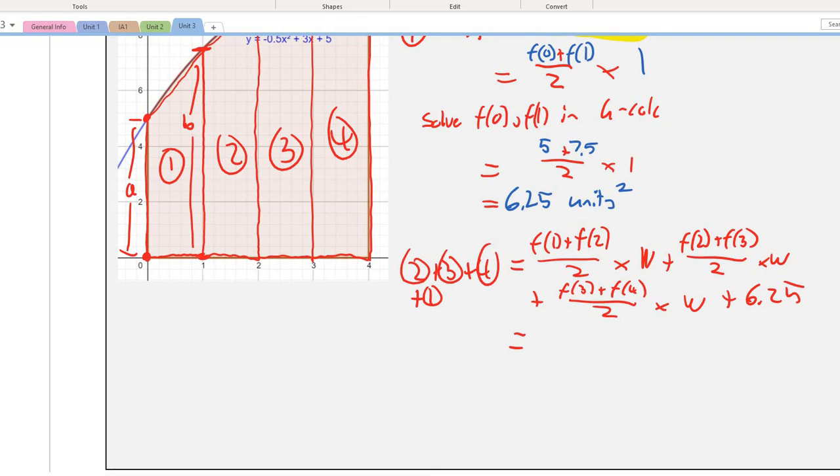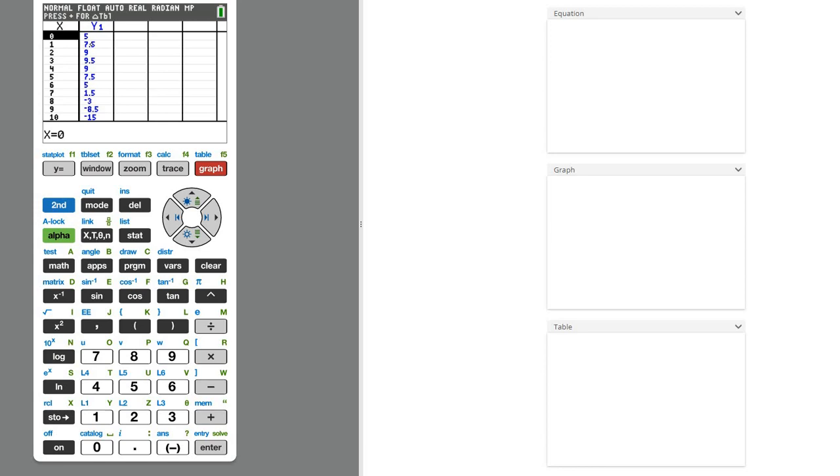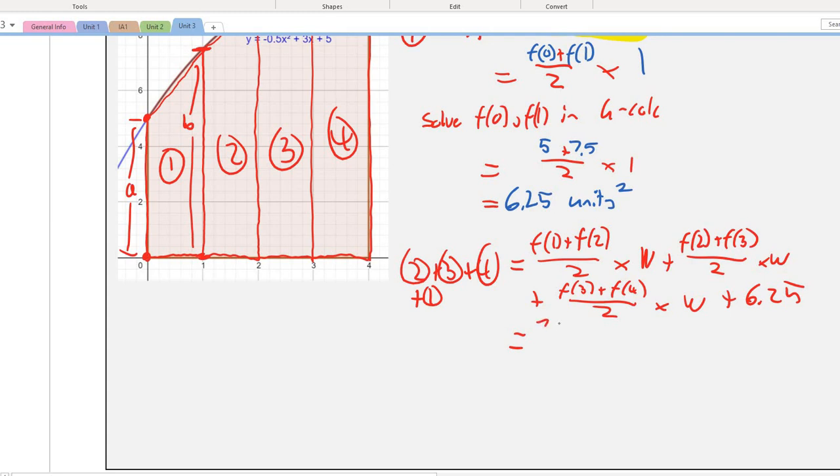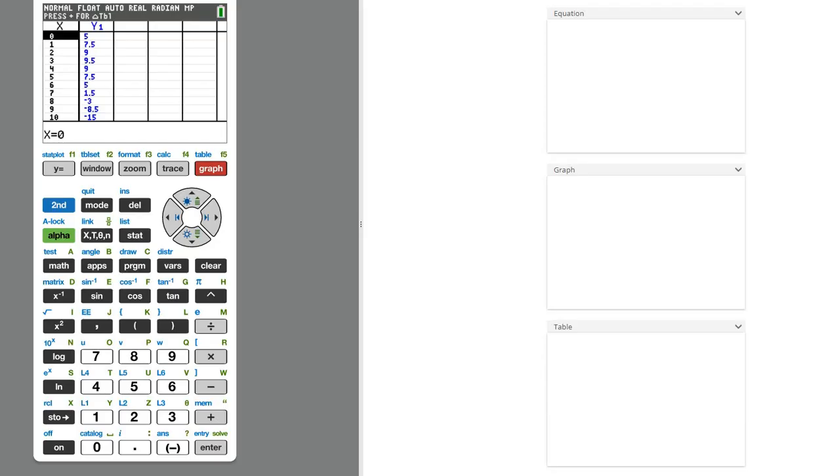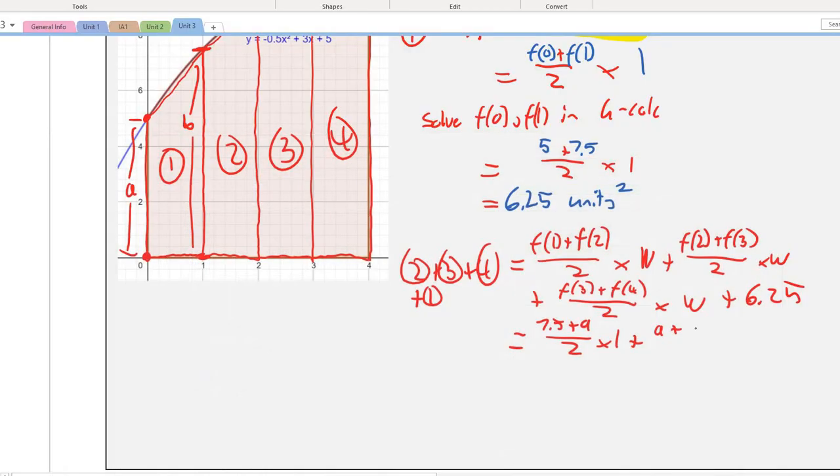So when we solve this now, let's go back to our graphics calculator. We want f1 and f2. So f1 is 7.5, f2 is 9. So 7.5 plus 9 over 2 times 1, plus f2 is 9 plus f3, 9.5, over 2 times 1, plus f3 is 9.5.